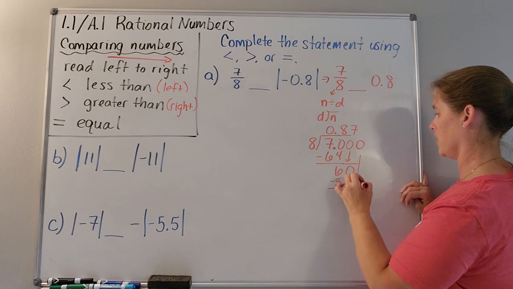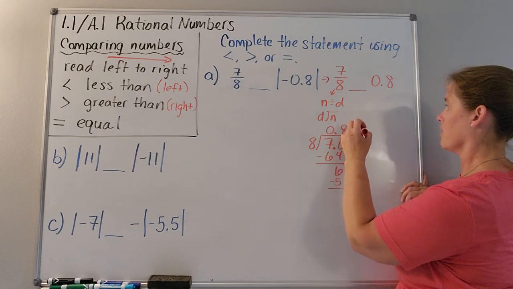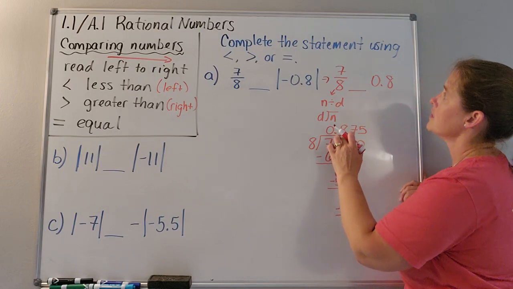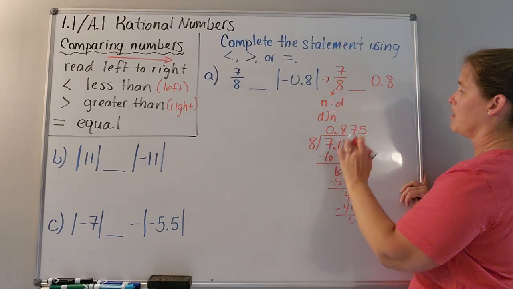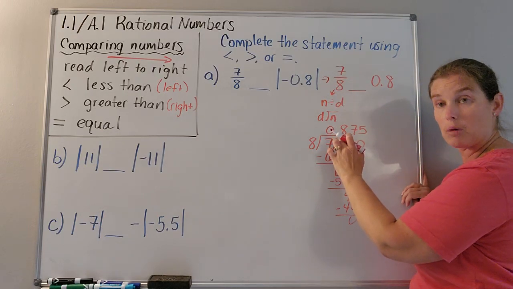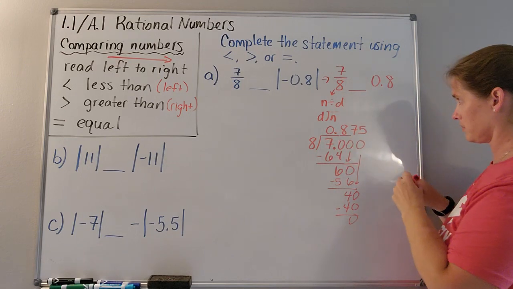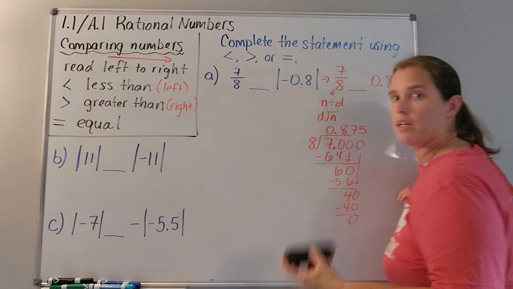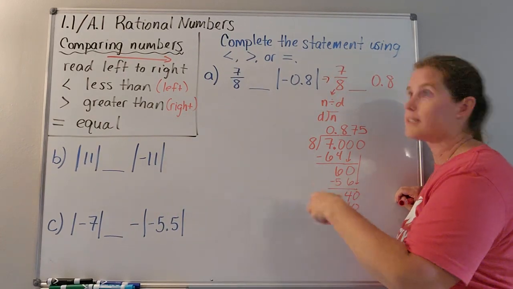That's smaller. Bring down a 0. 8 goes into 40 5 times. That goes evenly. So this means 7/8 is the same as or equivalent to 0.875. All right, so let's remember that, 0.875. You need to look back, pause the video, or rewind to see how I did this.